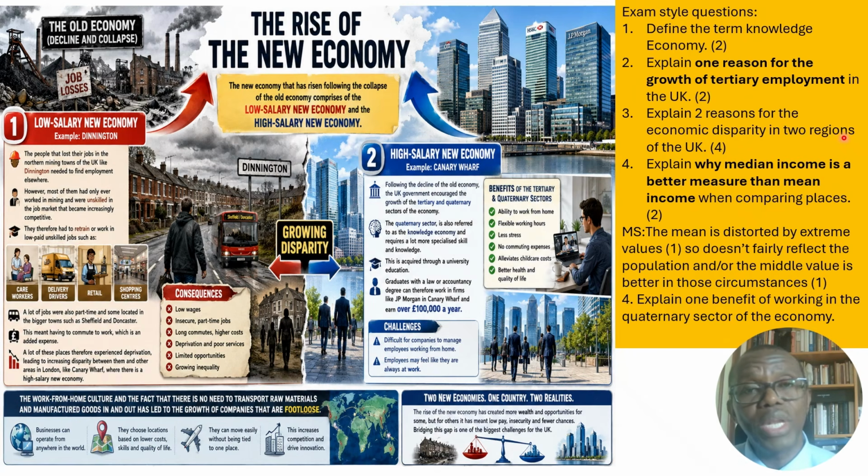And then the other thing we need to note here is that a lot of the new tertiary sector jobs that were becoming available were not necessarily all in those particular mining towns, for example, like Dinnington, but they were in the larger surrounding urban centers or towns and cities such as Sheffield, for example.